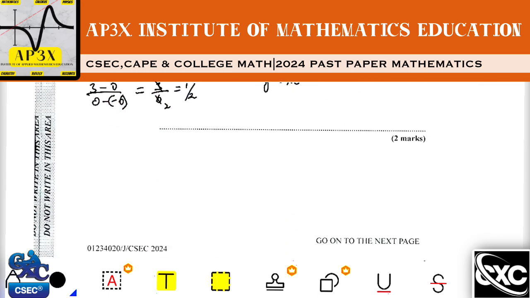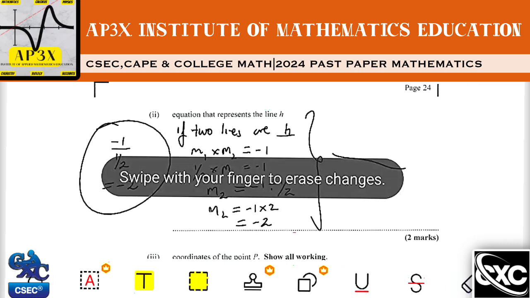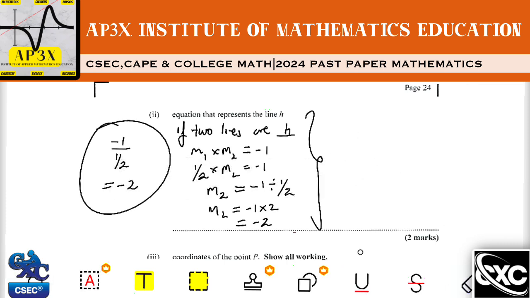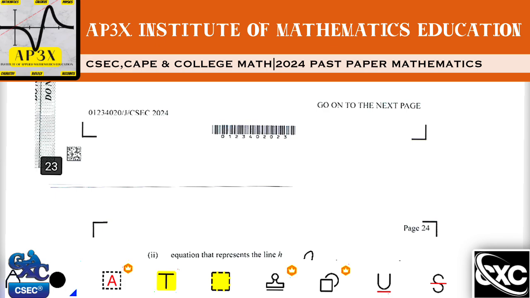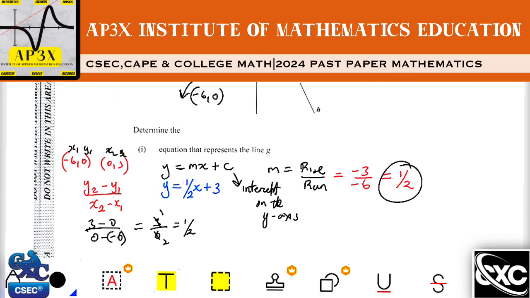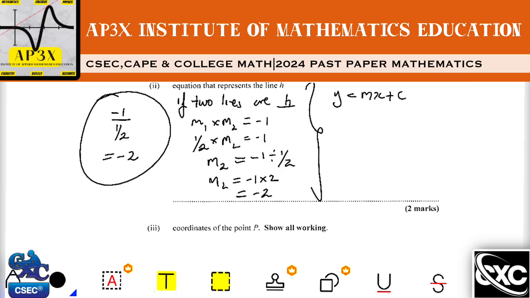So we could go ahead and use the formula y equals mx plus c. Since we know that a particular point on the line is 4, 0, that means y is 0, and we know that the new gradient is minus 2 and x is 4, so that's going to be plus c.